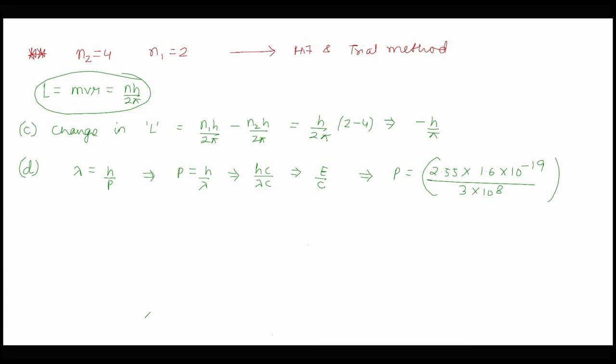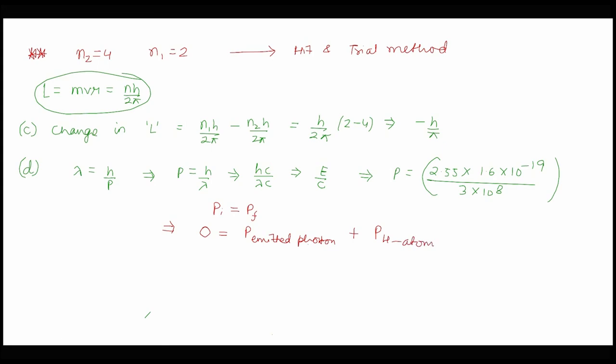Now the atom was initially at rest, so the recoil momentum of the atom will be the same as the emitted photon. That is according to the conservation of momentum. So if m is the mass and v is the recoil velocity of the hydrogen atom, then by applying the momentum conservation principle, that is P initial is equal to P final, I can say that the initial momentum of the system was equal to 0, and finally we have the momentum of the emitted photon plus the momentum of the hydrogen atom.